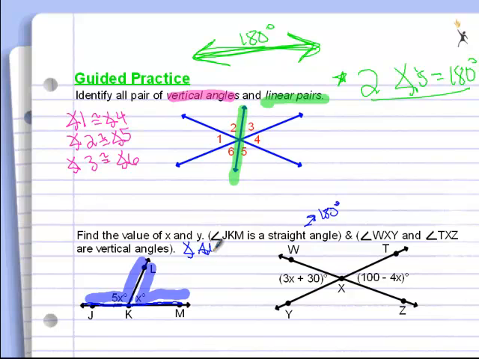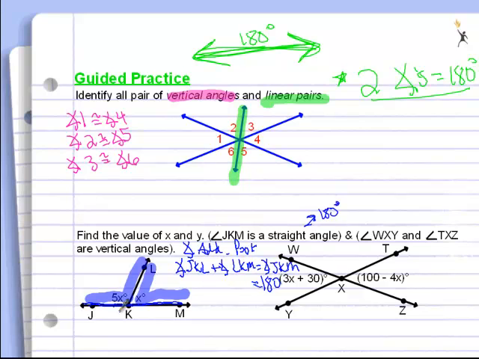The angle addition postulate tells us that angle JKL plus angle LKM equals angle JKM, and I know I'm running out of space here. That's the angle addition postulate. Well, they told me that JKM is 180, so I can replace JKM with 180.